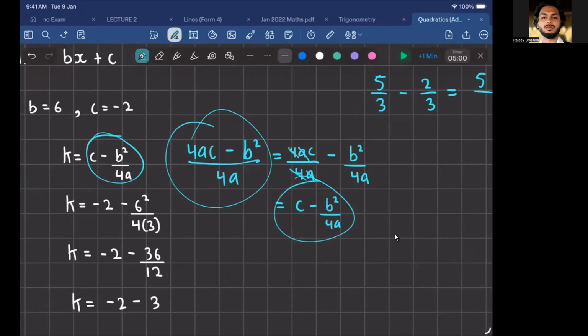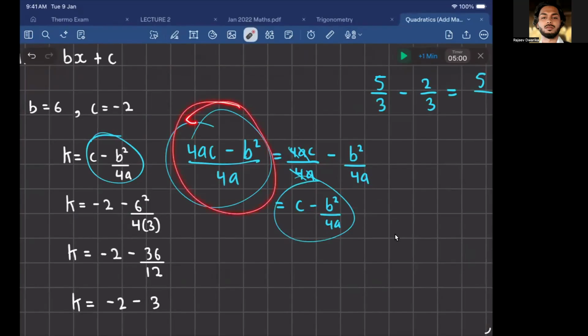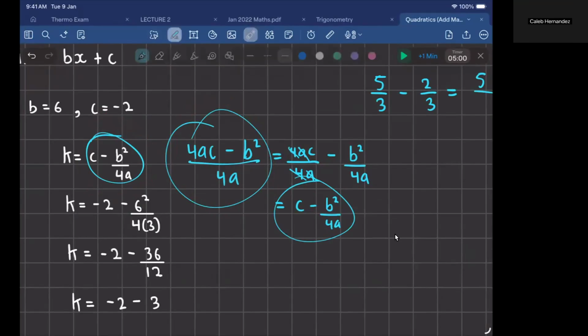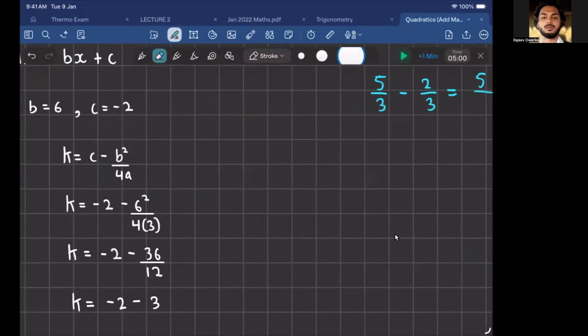Some schools just teach this instead of this, which is fine, whichever one you remember. But I just want you to know it's the same thing and both are equally correct. Did you know that before?